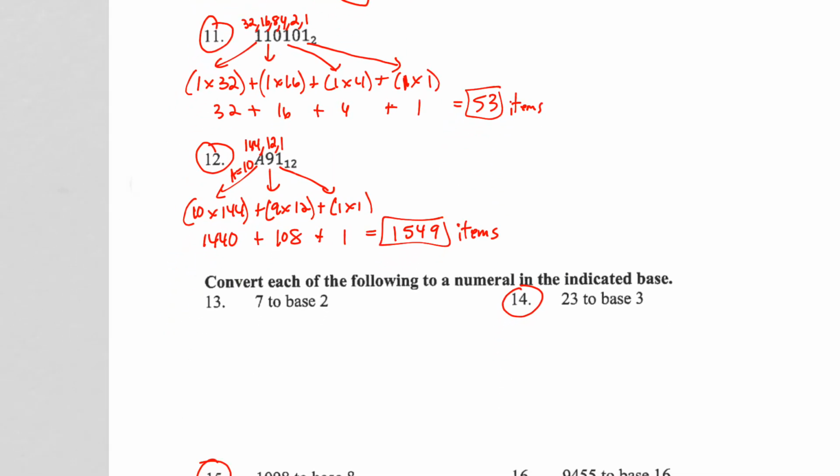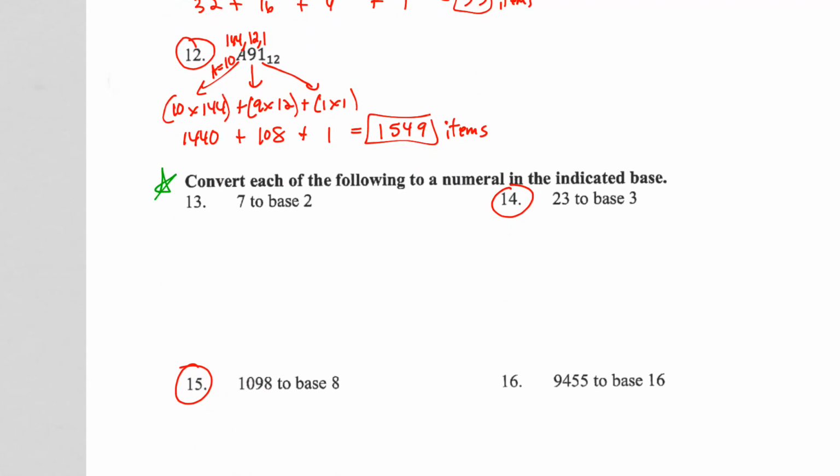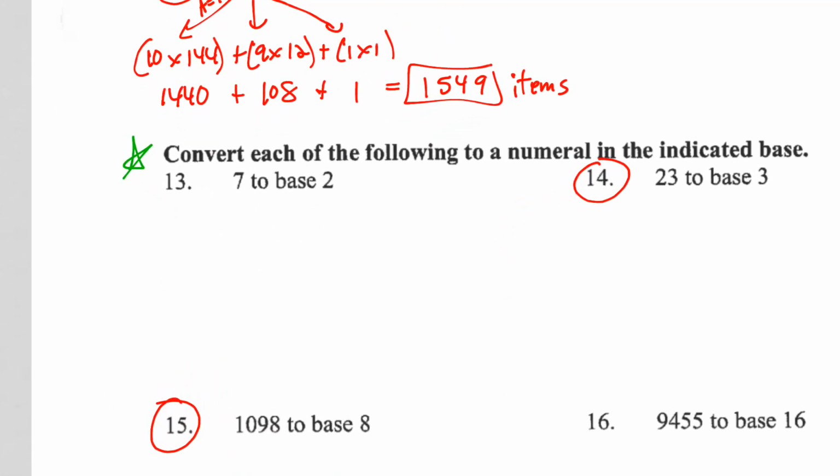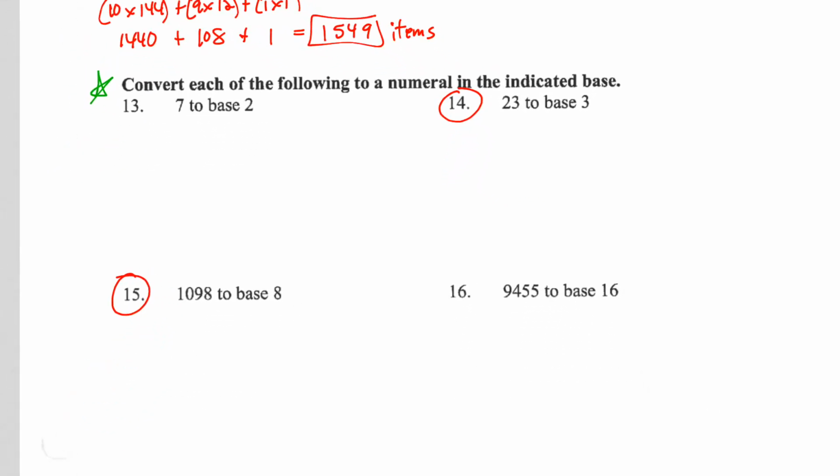Then another one would be to go backwards. Convert each of the following to a numeral in the indicated base. So our base system to base 2, for example. Actually, let's do 14. So 23, think of that as 23 items, chairs, fingers, whatever you want to call it. And we're making groups of 3. So base 3, remember, this is groups of 3. So let's get the place values of 3.